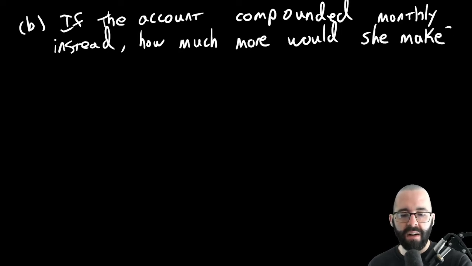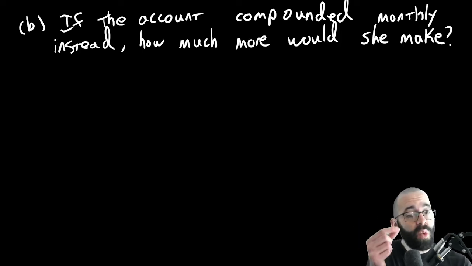So why does it matter how often it's compounded? It's still 2.5% every year. But if it's compounded all at once, you only get 2.5% of the original investment.